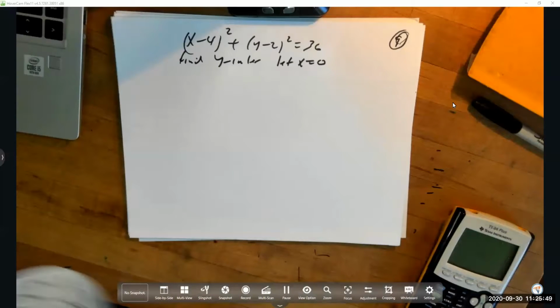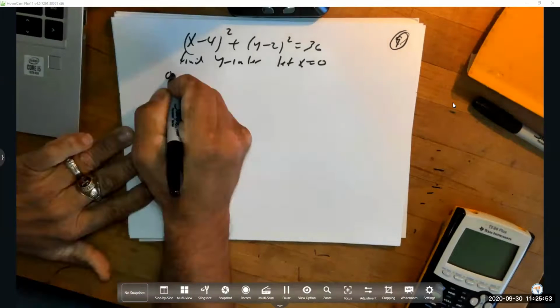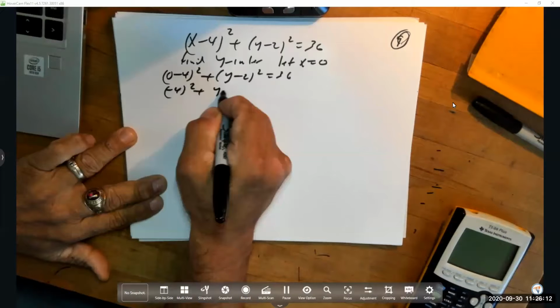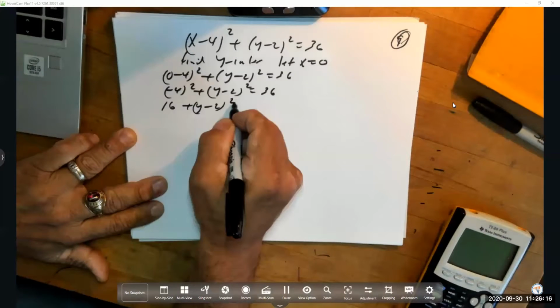So I'm going to have (0 minus 4) squared plus (y minus 2) squared is 36. So negative 4 squared is 16, plus (y minus 2) squared equals 36. Then subtract 16 from both sides, and 36 minus 16 also.